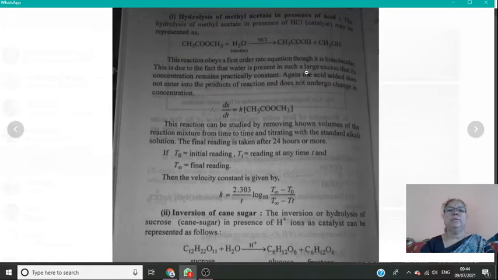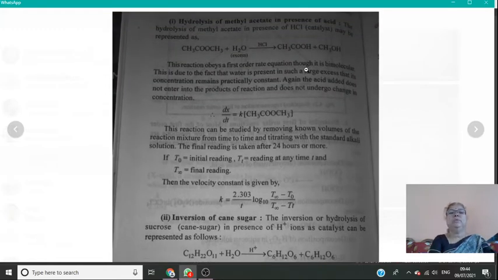Good morning, students. Last time you studied pseudo unimolecular reactions, and an example of a pseudo unimolecular reaction is the hydrolysis of methyl acetate in presence of acid.